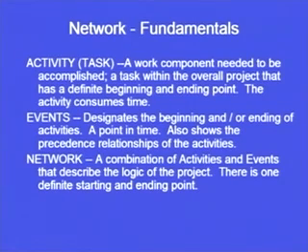So, there is one definite starting and ending point. Already we know that a project is a combination of tasks and activities which have an identifiable beginning and an identifiable end. So, there will be only one start point of the project, one end point of the project.